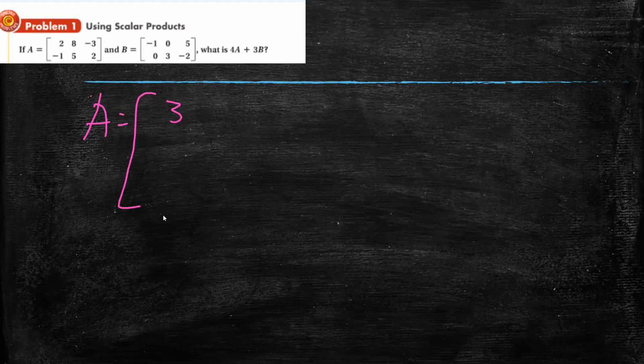Let's have this example here. If you have this matrix A, which is 3, 2, 1, minus 1, 7, 4 as an example. This is our matrix, and C, the scalar number, is 5.